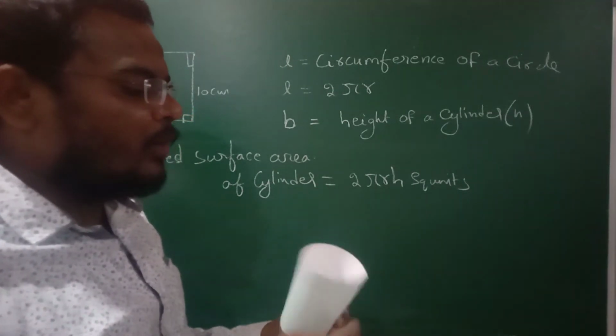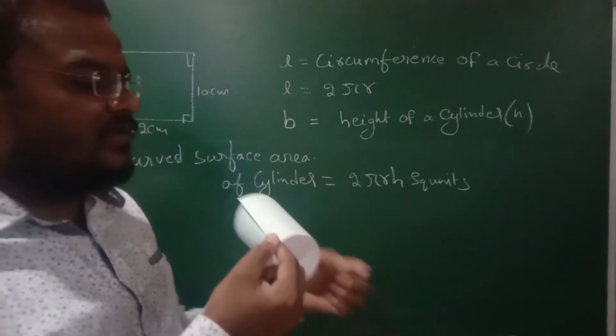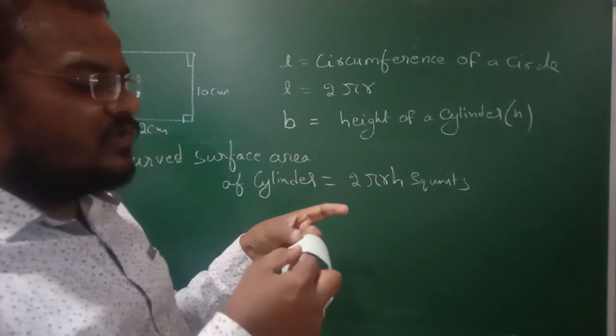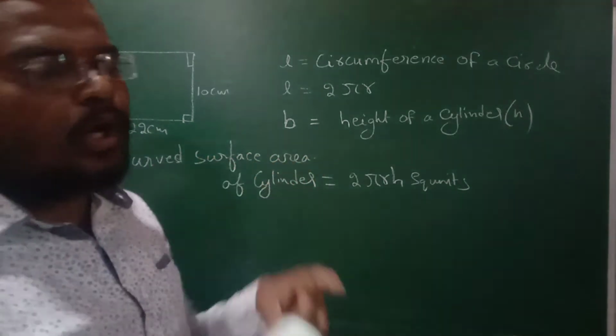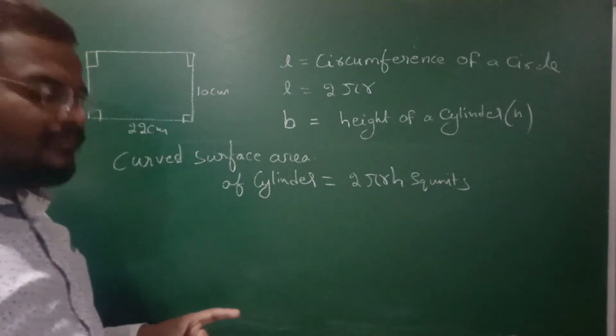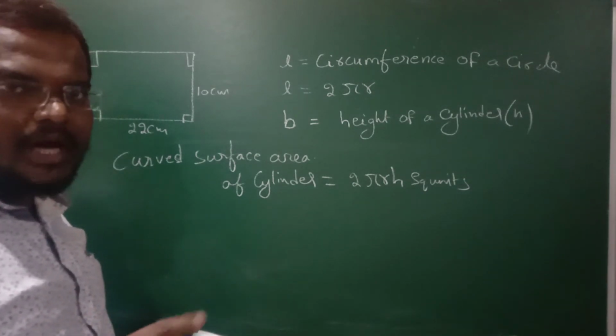Here the top face and also the bottom face, these are the bases. This is the bottom one and this is the top one. In this we know that the bases of a cylinder are circles.